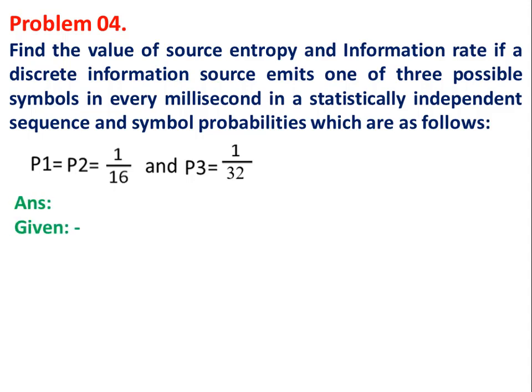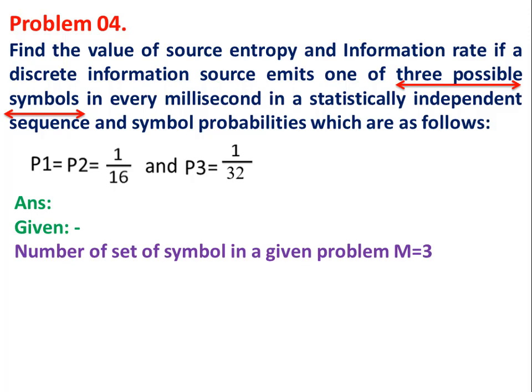Now let us solve this problem one by one. In the given problem, a discrete information source emits one of three possible symbols in every millisecond. So what will be the number of set of symbols generated by the information source? We know that the number of set of symbols generated by the information source, capital M, is equal to 3.